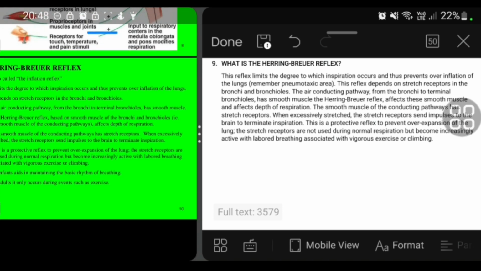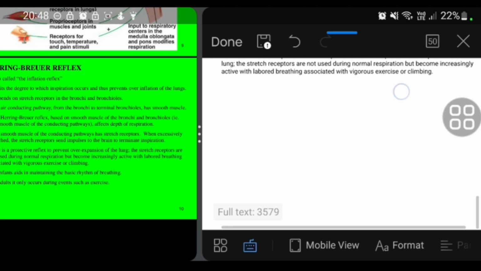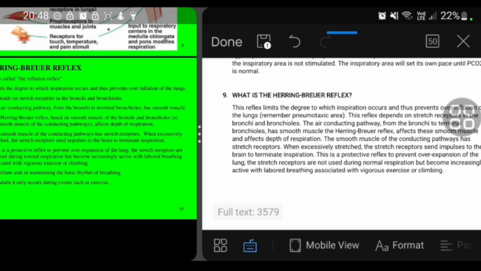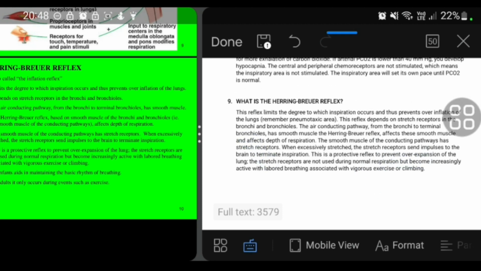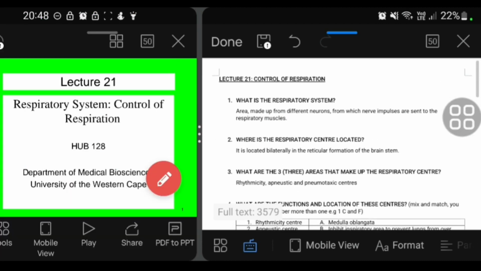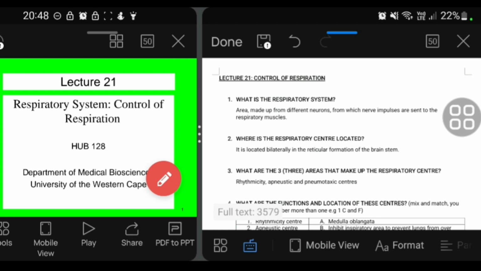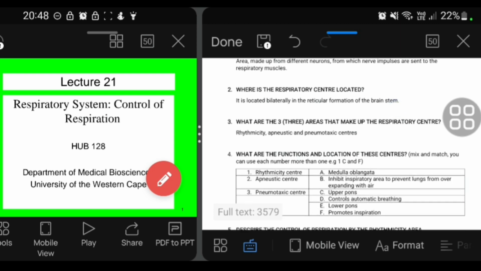So most of these reflexes just stop you from breathing too much air, because like I said, with the balloon you would fill up and you would pop. I don't know if your lungs would pop, but it would definitely be uncomfortable if you kept on breathing in without breathing out. So that's pretty much my process of creating questions and study material for a different topic.